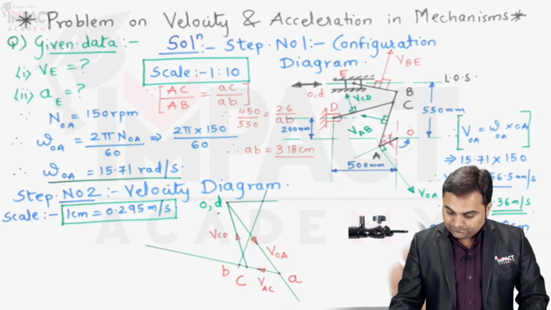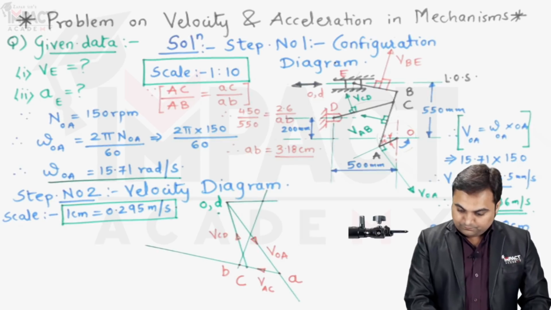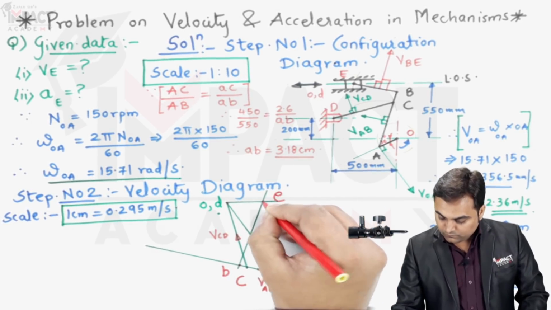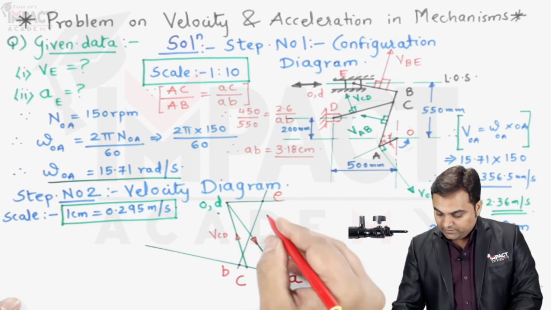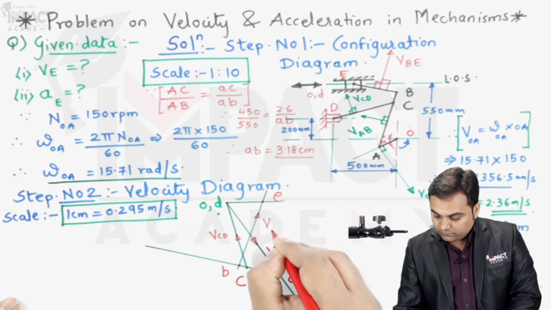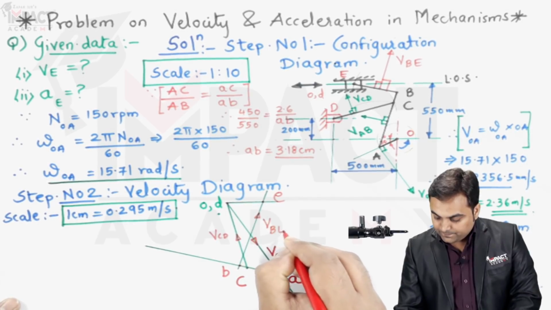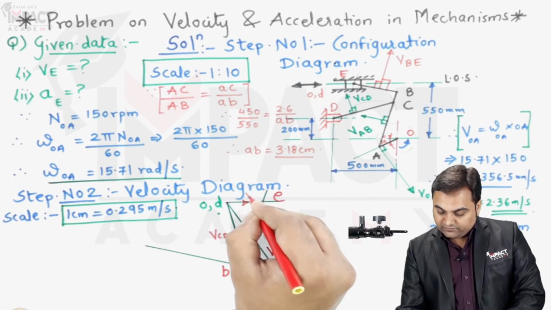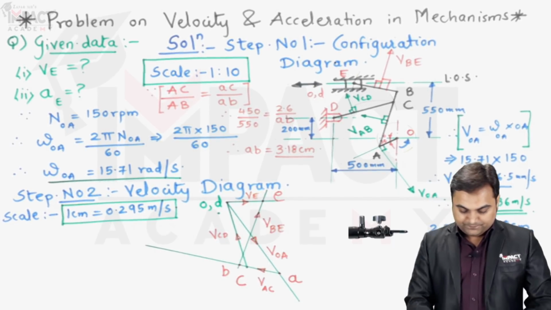This intersection gives me point E. Here we have point B, and this velocity vector is for link BE. And O to E distance represents the velocity of the slider or the velocity of the piston.